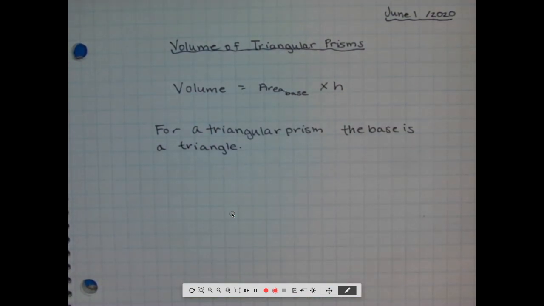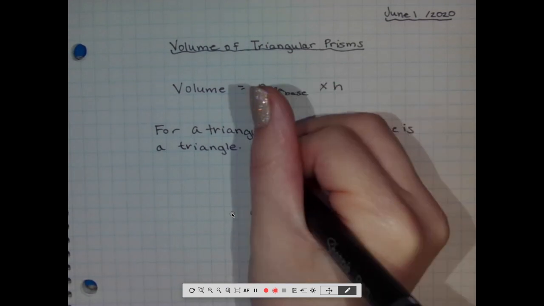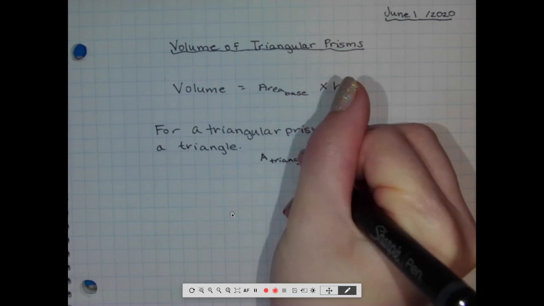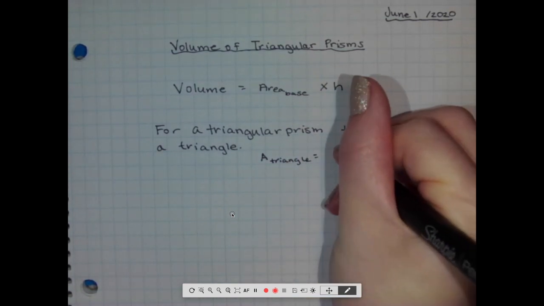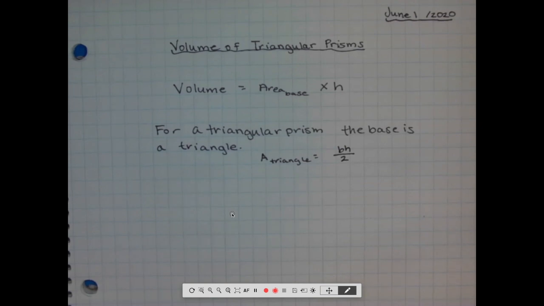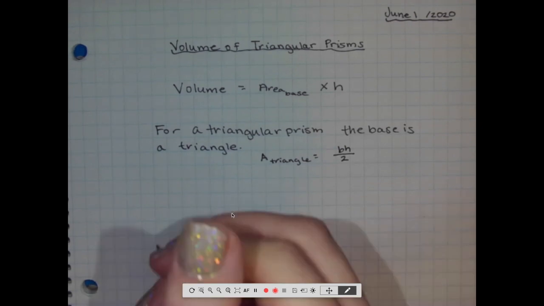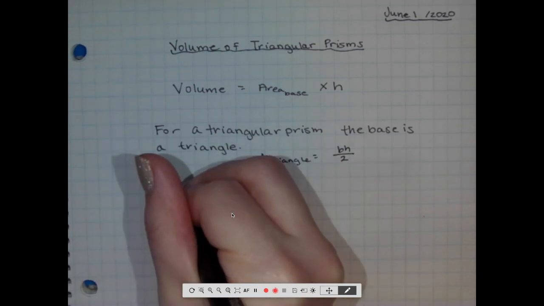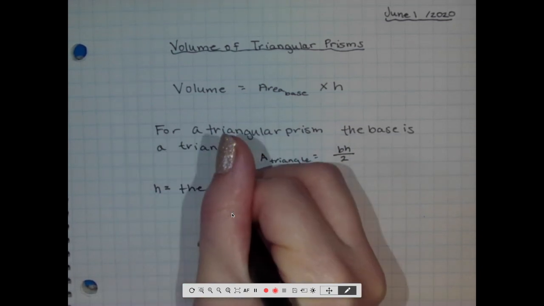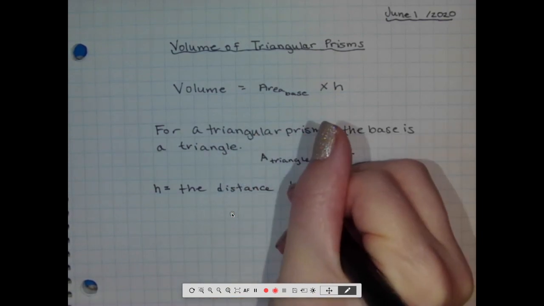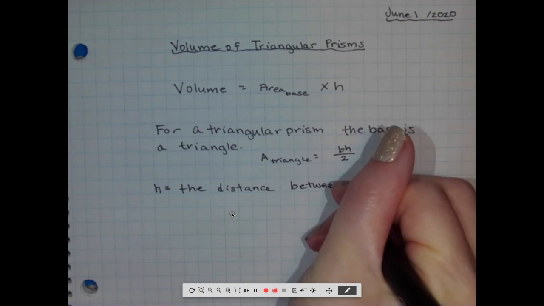So we'll use our area of a triangle. Our area of a triangle is our base times height divided by 2. And then our height is the distance between the two triangles.